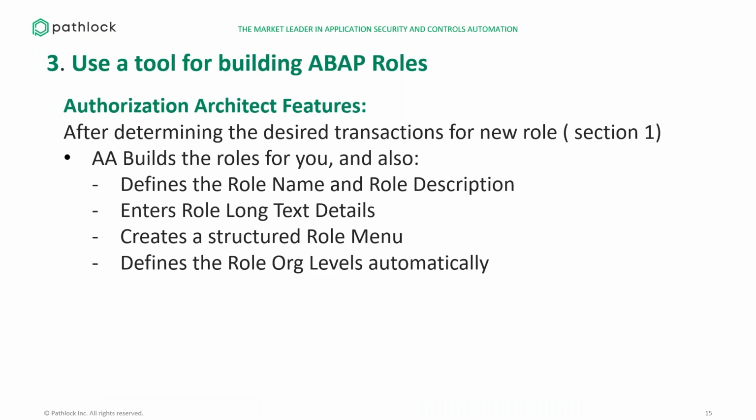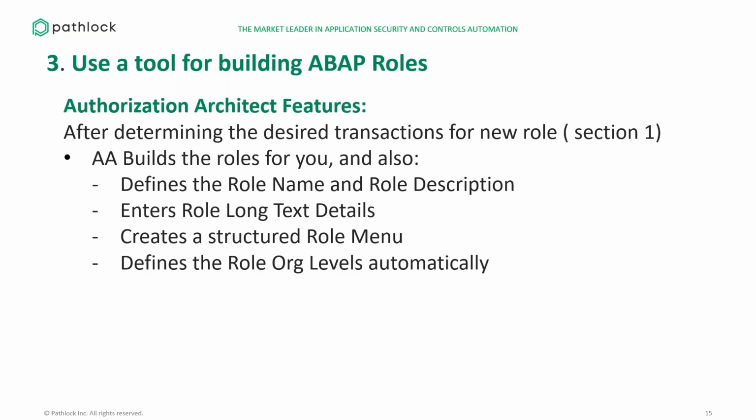A third method would be using a tool for building the ABAP roles, for building the roles in general. As I said, AA, after you've got the desired transactions in it, it will propose a role for you. Before it actually creates a role, it creates a role proposal, which you can review.